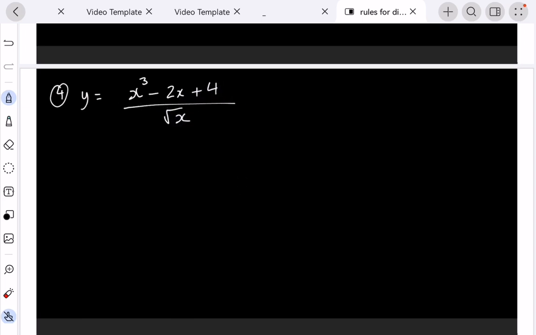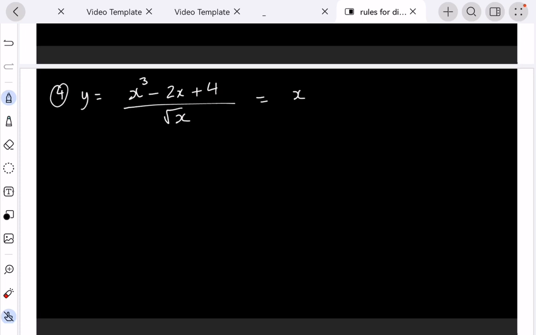Now I think also another tricky question they can ask you, they can give you something like this. Maybe let's say minus 2x plus 4, let's say over square root x. How do you attempt that? Make sure you have x exponent n. What I see here is not x exponent n, so this is what you're going to do, because we know basics, right?